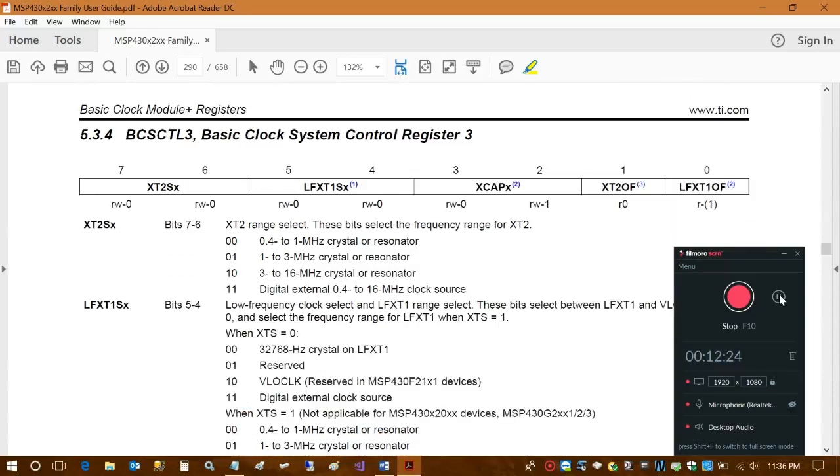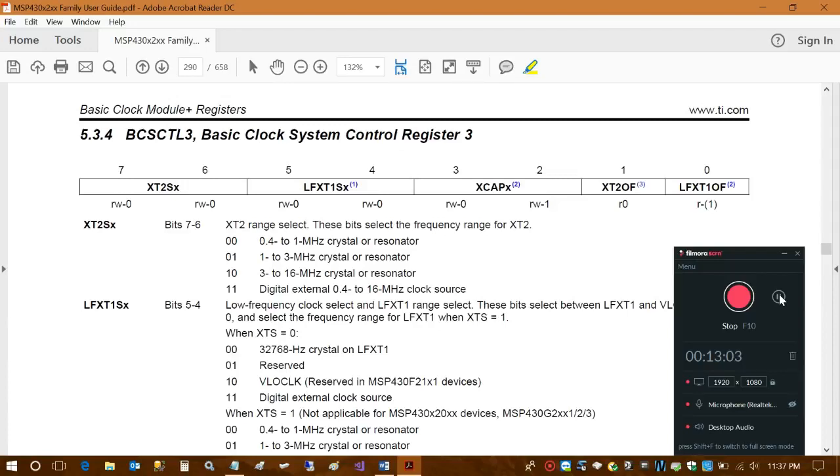Then is your BCSCTL3, that is basic clock system control register 3. Now XT2Sx, this is the XT2 range select. Now if your device has an XT2, which is not the case in the 2perfect3, but definitely in the case of other MSP430 devices which have XT2 present in it, then if you're connecting a particular crystal, whether it is 0.4 megahertz to 1 megahertz, then you have to put 00 over here.